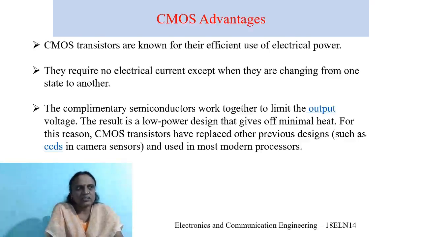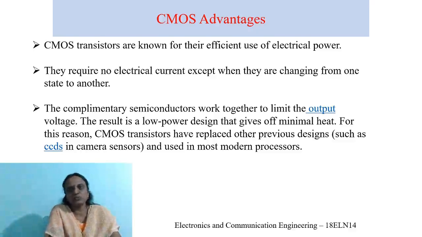Additionally, the complementary semiconductors work together to limit the output voltage. The result is a low power design that gives off minimal heat. For this reason, CMOS transistors have replaced other previous designs such as CCDs in camera sensors and are used in most modern processors.